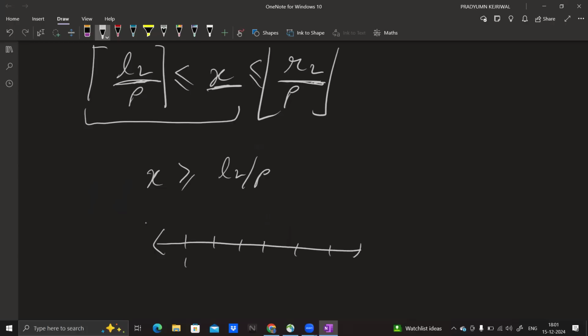These are integers. Let's say L2 by P is somewhere here. I want x greater than or equal to L2 by P, so the range is from 4 and above, because x is an integer and cannot take the values in between. That's why I took the ceiling. If L2 by P was here, then it would be 5 and above. Do you get this, everyone?